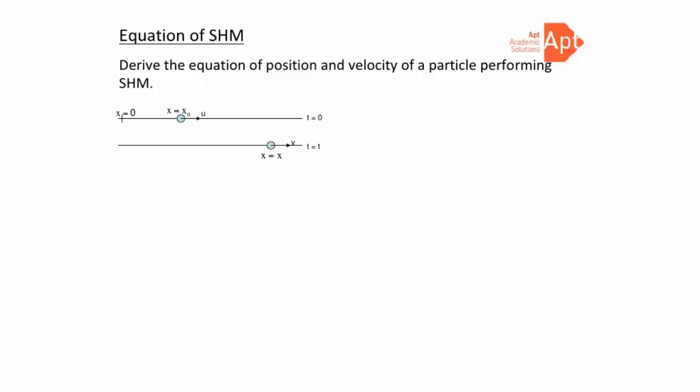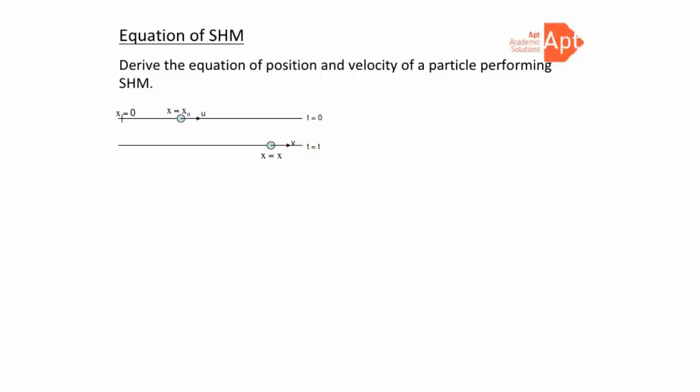We want to write the expressions for the displacement, or the position, of the particle at time t is equal to t, which is x, and we also want to find the velocity of the particle at this instant t is equal to t.